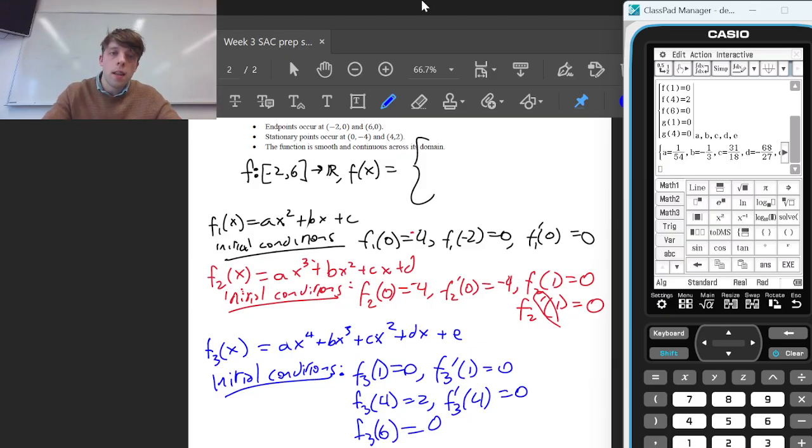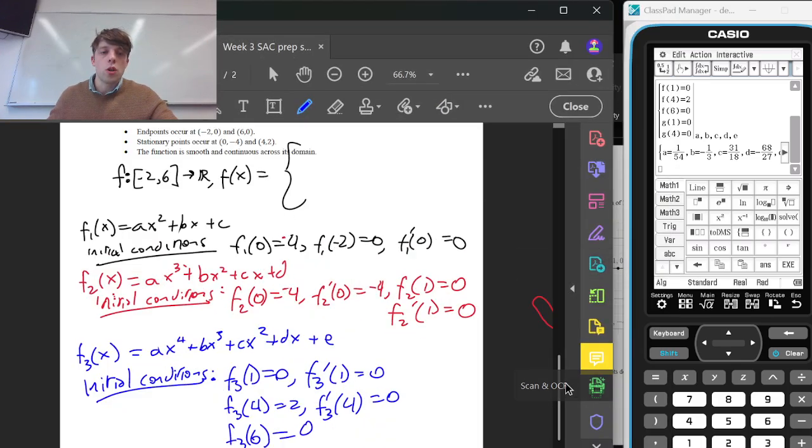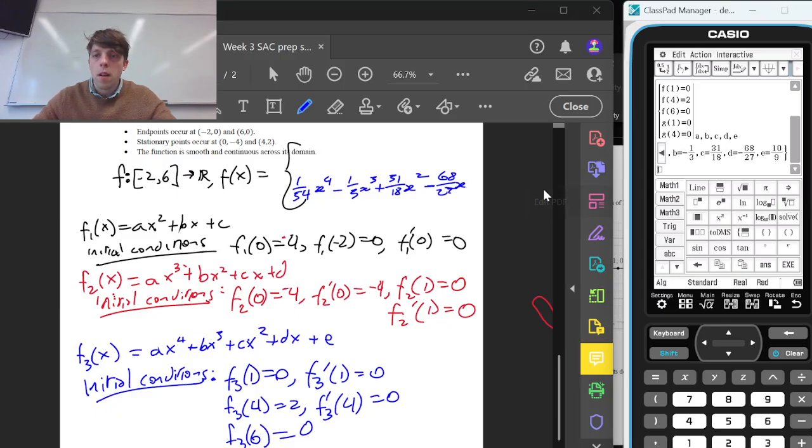So hypothetically, if we did everything correct here, for this third function we should have that f3 is equal to 54x to the power of 4 minus 1 over 3 x to the power of 3 plus 31 over 18 x squared minus 68 over 27x plus 10 over 9.